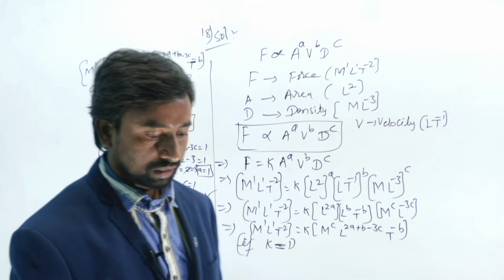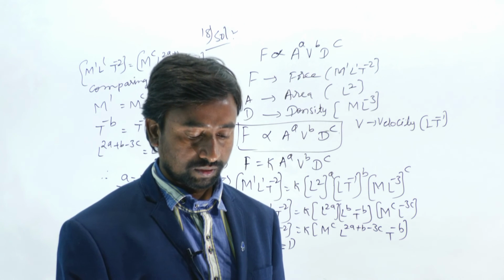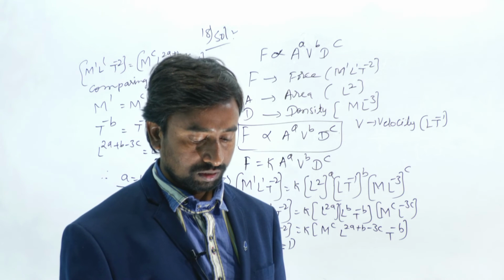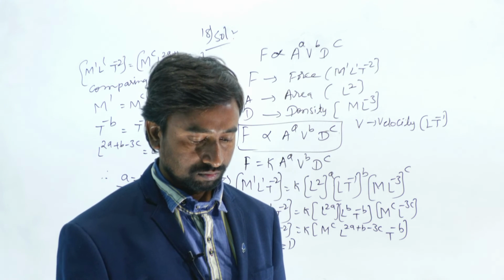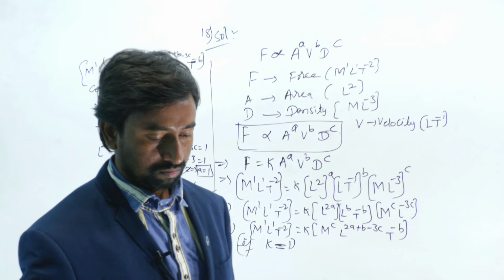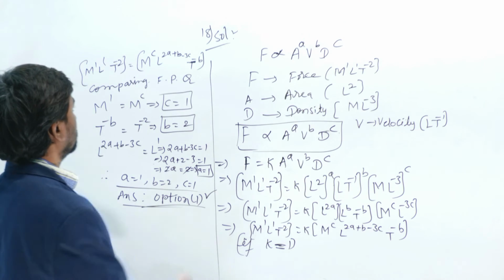The next question, the 19th question: Bernoulli's equation is given by P by rho plus gh plus half v squared is equal to constant K. Then the dimension formula of K by P is?